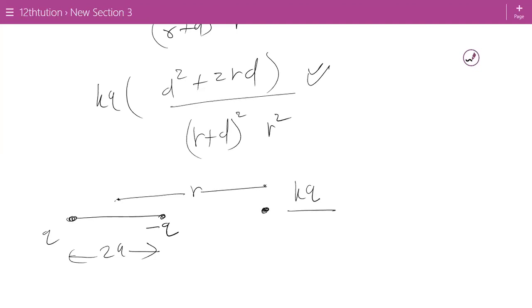That is the electric field due to charge 2A divided by R squared.